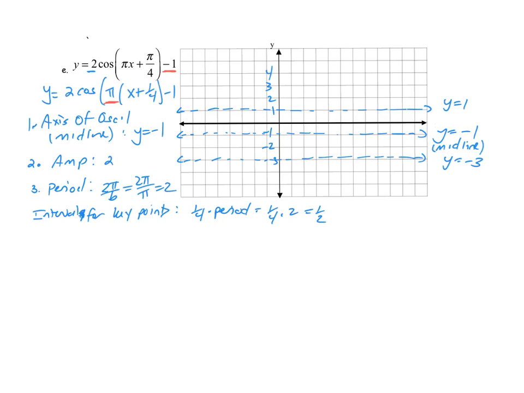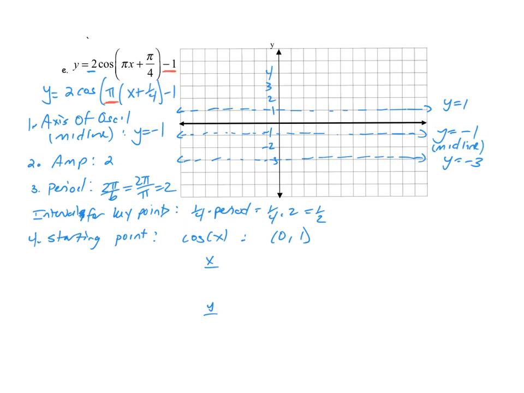Next thing we want to know is the starting point. And remember, since we know where the key points will be, we can just find one starting point and transform that. So for a cosine graph, the key point that's easiest to transform is 0, 1. And then we'll see what happens to x and y due to these transformations. So what's happening to x values?